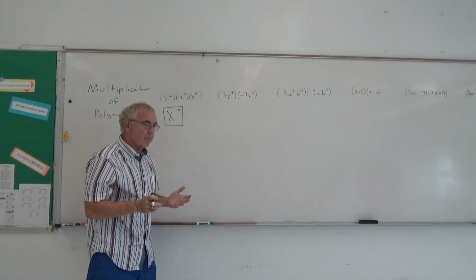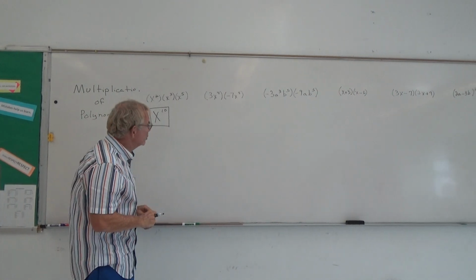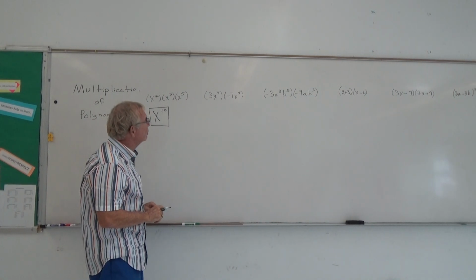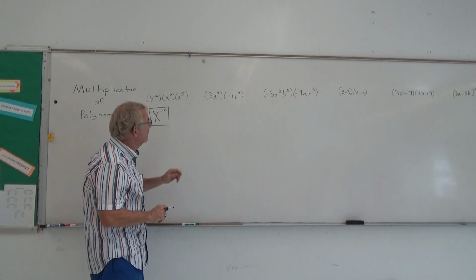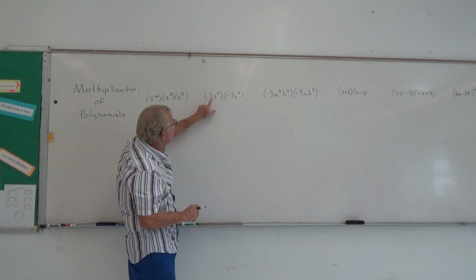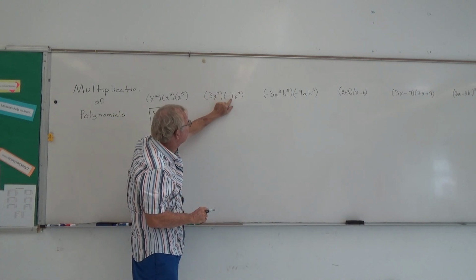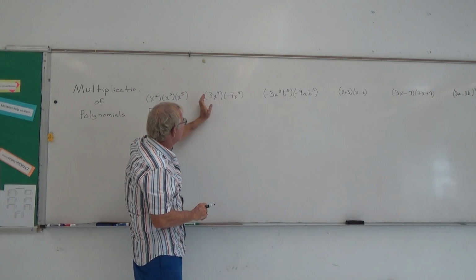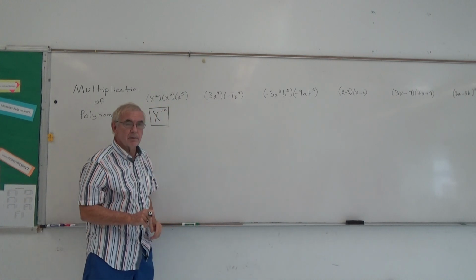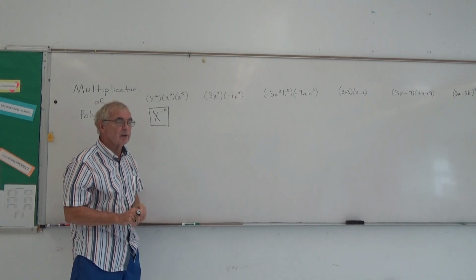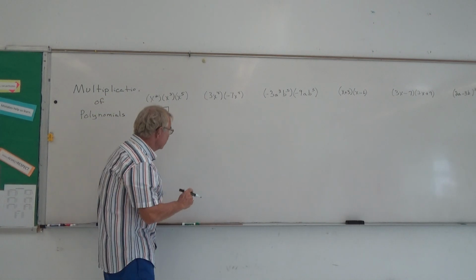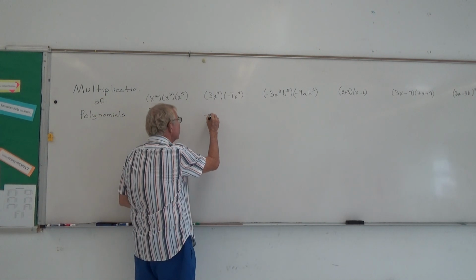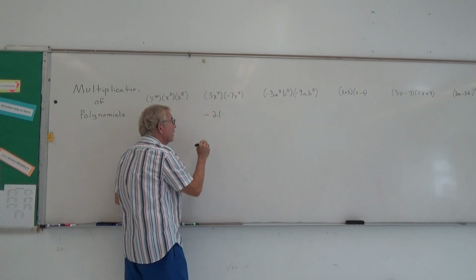Now, what's different about this? There are coefficients in front of the variables that are not 1. This is a 3, and this is a -7. So we multiply 3 times -7, and remember a positive times a negative is a negative, and 3 times 7 is 21.